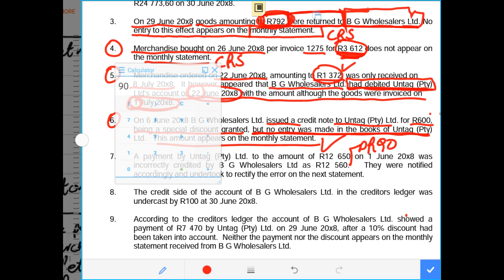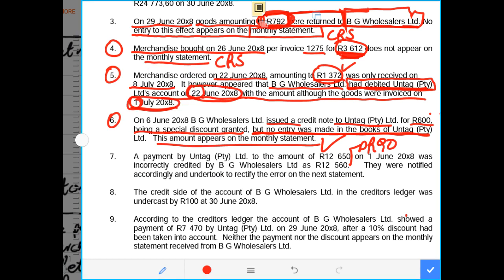Previously, we had many 90 rands. So now we see that this was incorrectly credited by BG Wholesalers as 12,560. Who is wrong? The creditor statement is wrong. And it says they were notified accordingly, and undertook to rectify the error on the next statement.